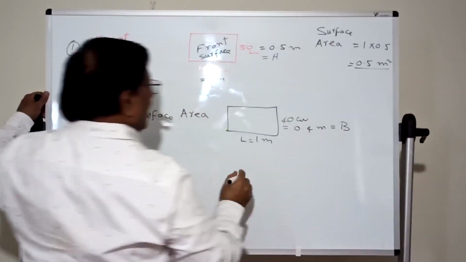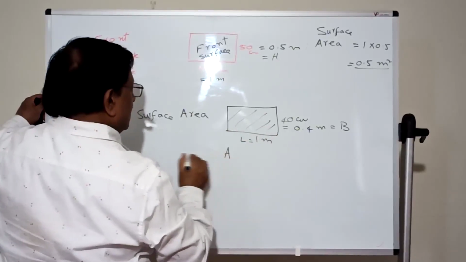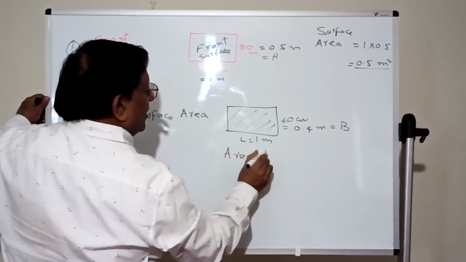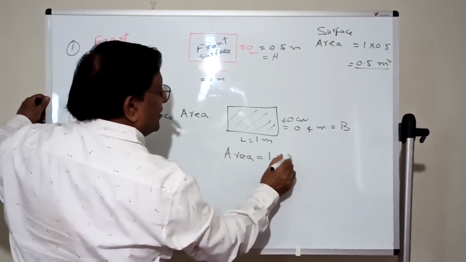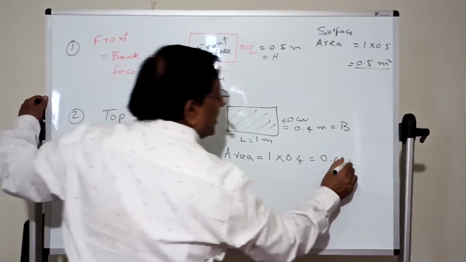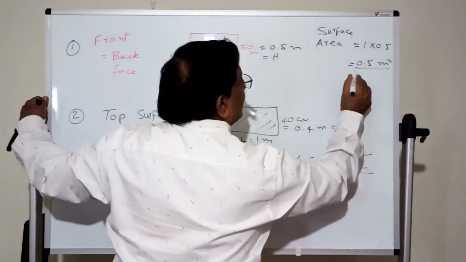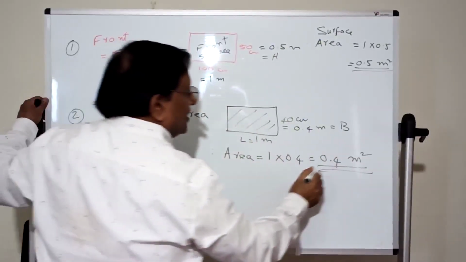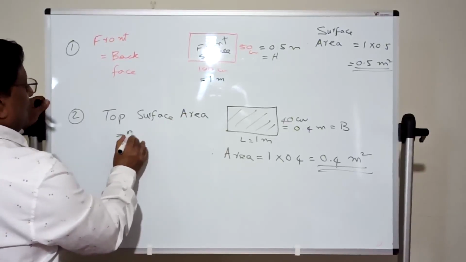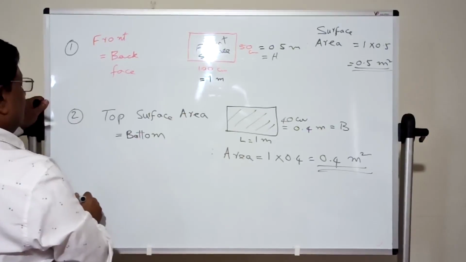So the surface area is 1 times 0.4, that is 0.4 square meters. First one is 0.5 square meter, next one is 0.4 square meter. Of course, top is equal to bottom, or base, you can say base area.